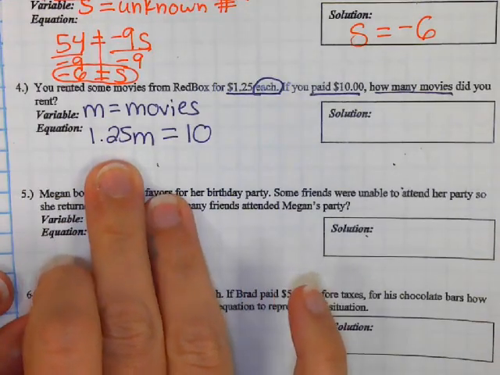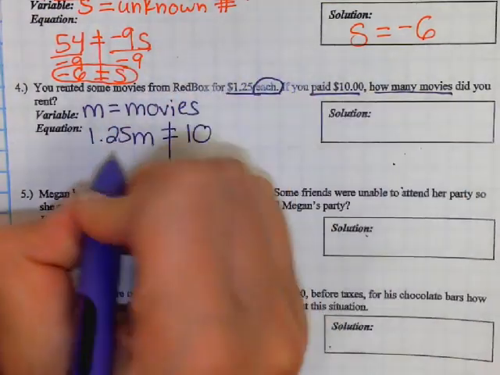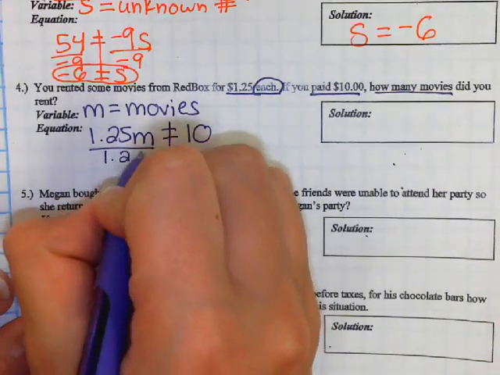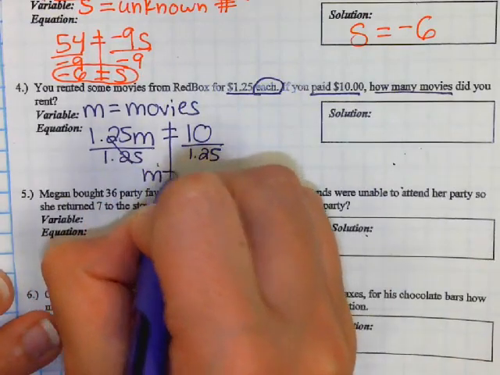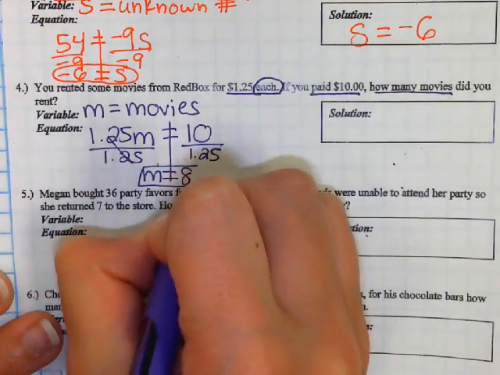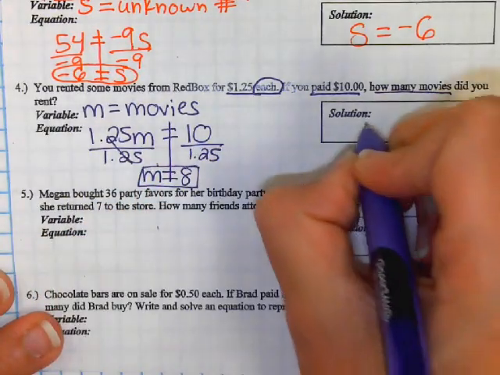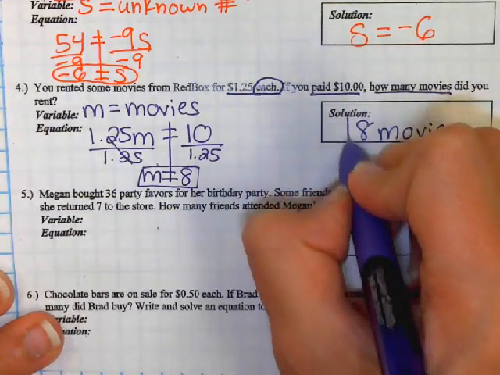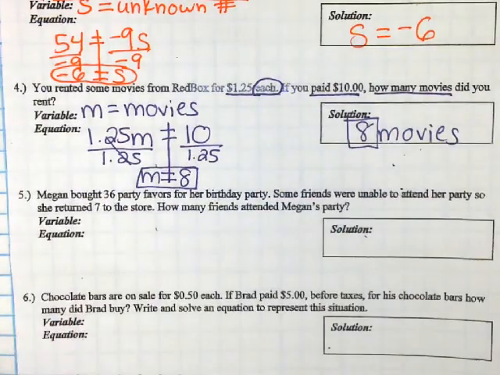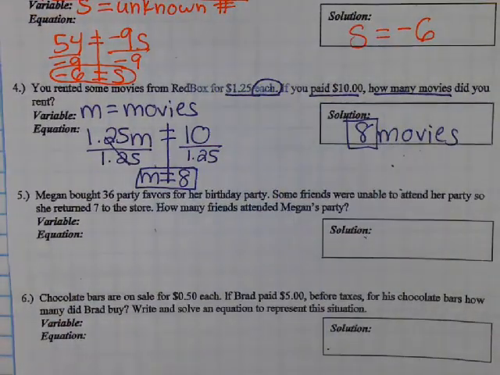To solve, I need to do the inverse operation, which is division. Divide by $1.25 on both sides, and I rented 8 movies. Remember, 8 is the only thing that you're putting into Canvas. You're not typing in 8 movies.